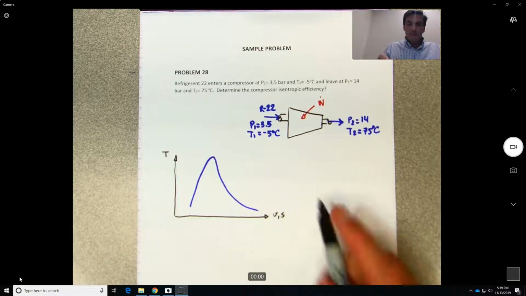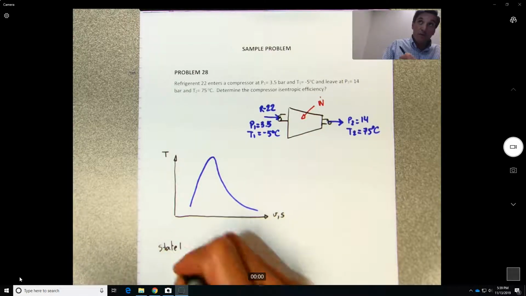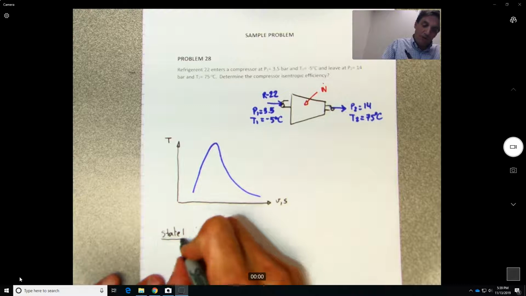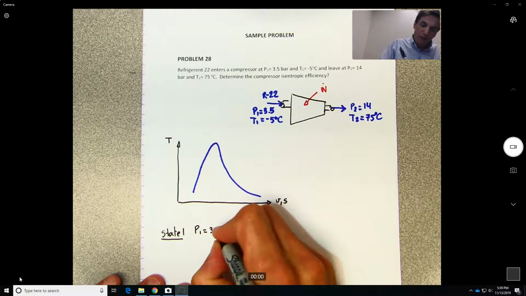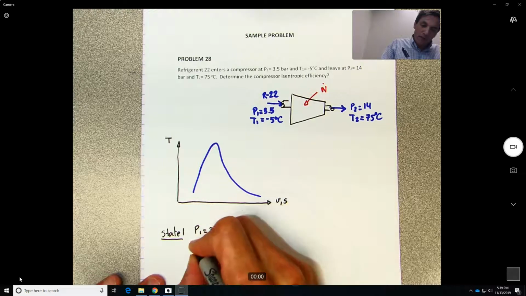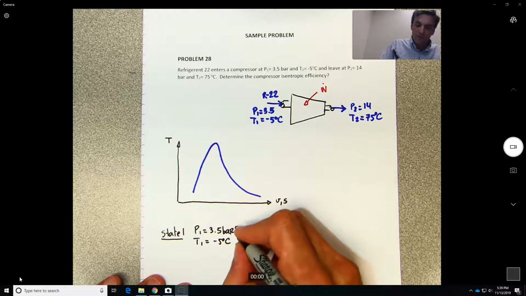So let's say state 1, what do we know? P1 equal to 3.5 bars and T1 equal to -5 degrees Celsius.